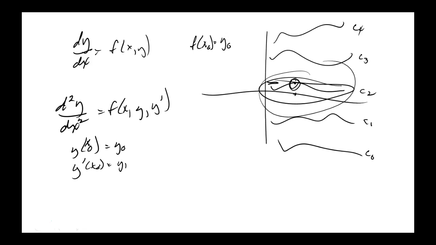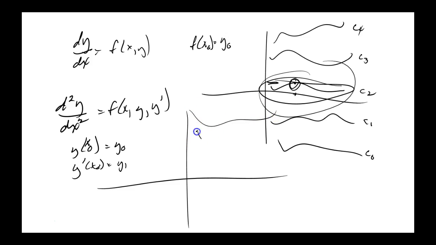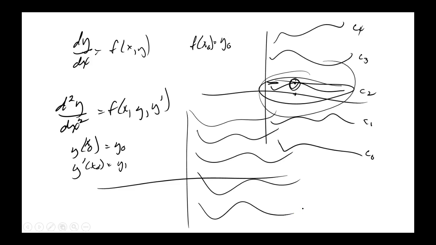Well, in this case, here are your possible solutions. You may have a solution up here, a solution here, a solution here. But if you know that at x0 you're at y0, but also that your slope, y prime at this x0, is here, then you know exactly where you belong.